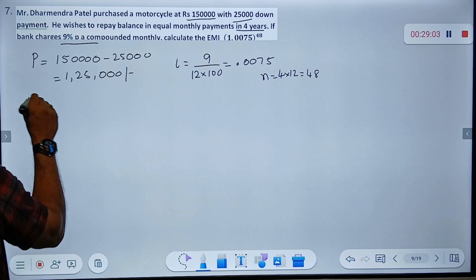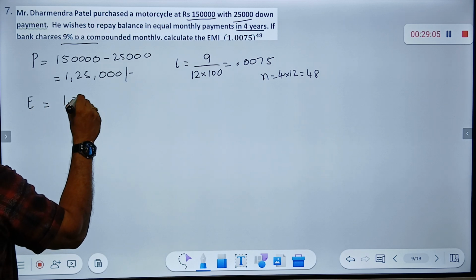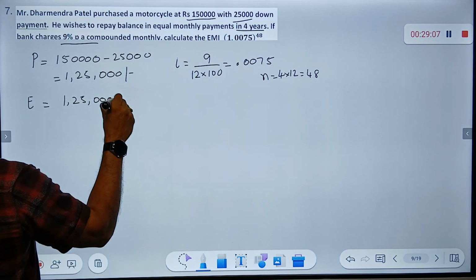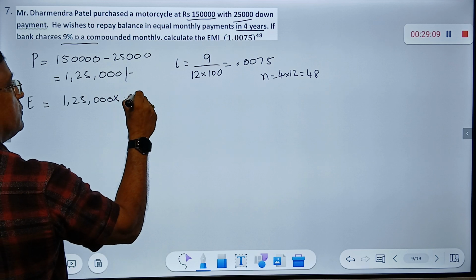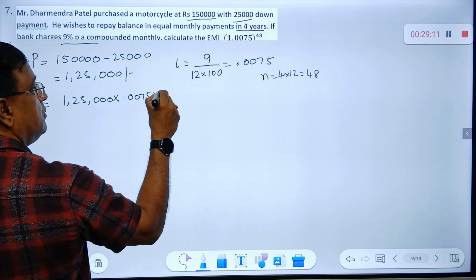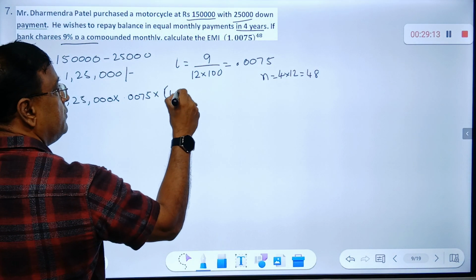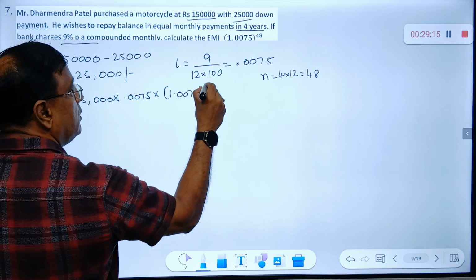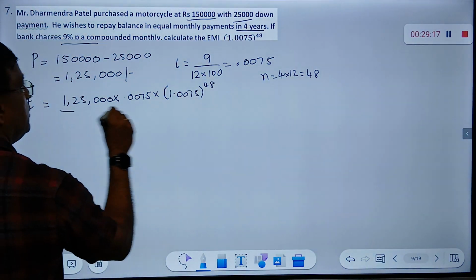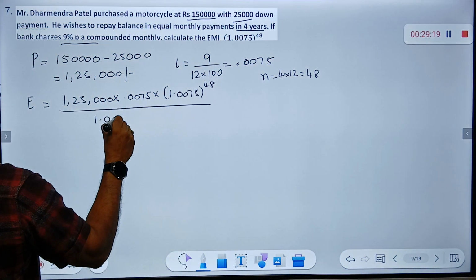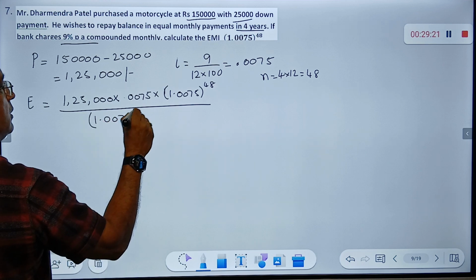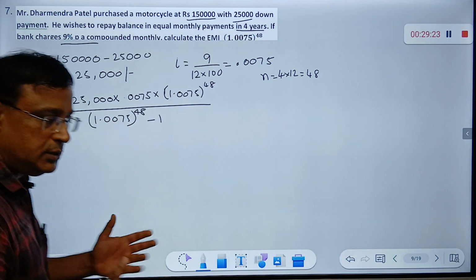So what is EMI? 1,25,000 principal into 0.0075 into 1.0075 whole power 48 divided by 1.0075 whole power 48 minus 1. Simple.